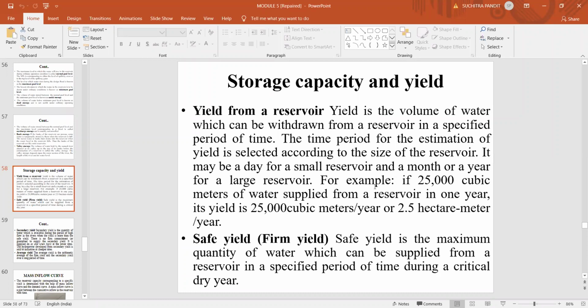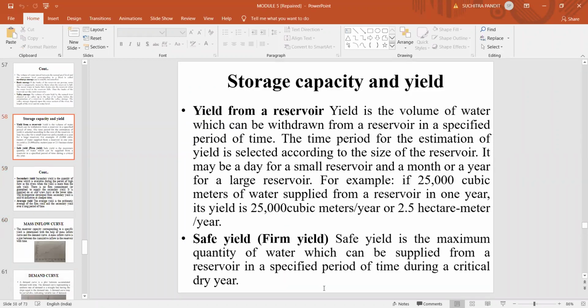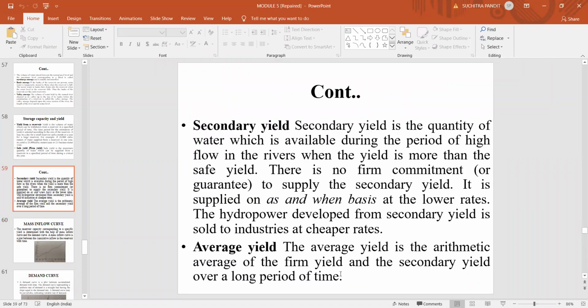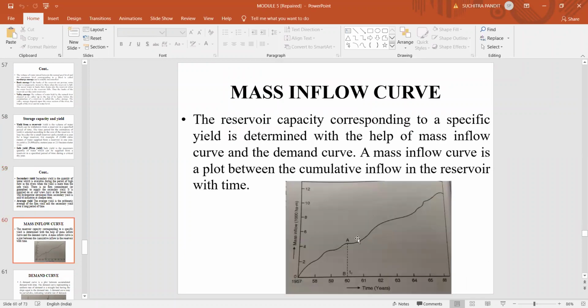The secondary yield is the water that is available for crops whenever there is a high stage of flow in the river. And the average yield is the arithmetic average of the firm yield and the secondary yield over a long period of time.